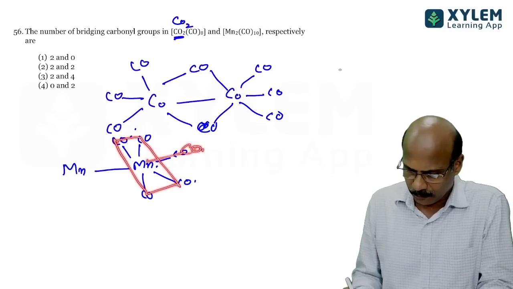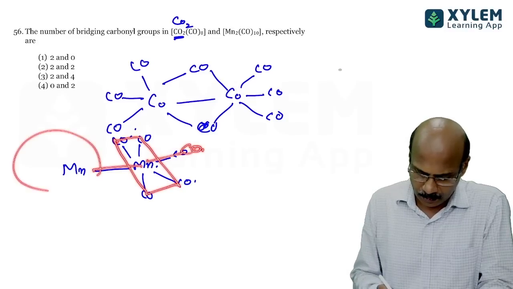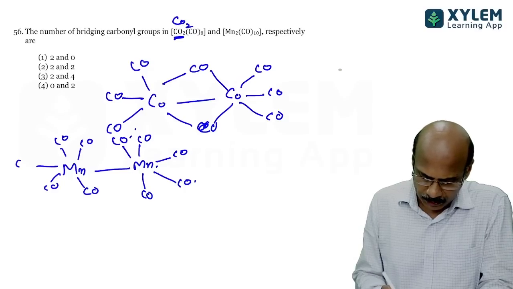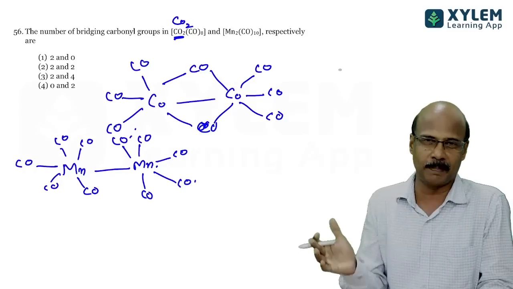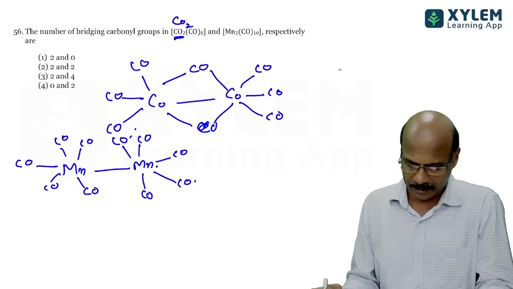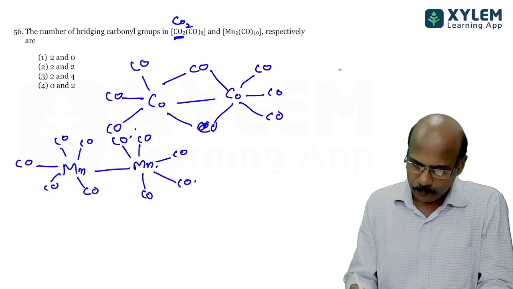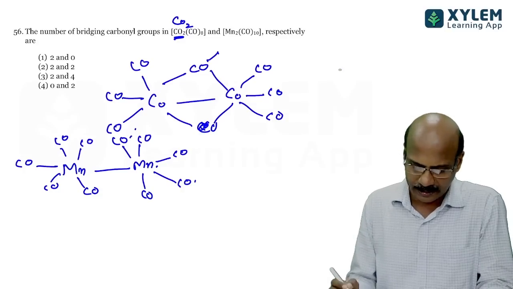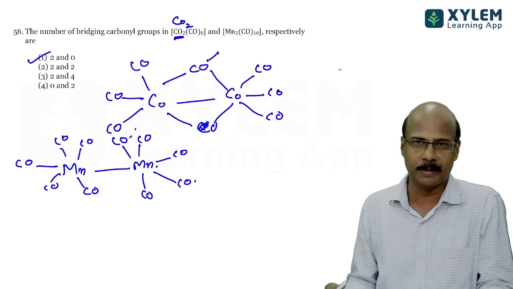One CO is over here. The other part will be this one. So each manganese is given 4 carbonyl groups. Please don't forget there is no bridging carbonyl. There is no CO group shared between the two manganese. Clear now? So in the first one there are two bridging carbonyls, whereas in the second one there is no bridging carbonyl.